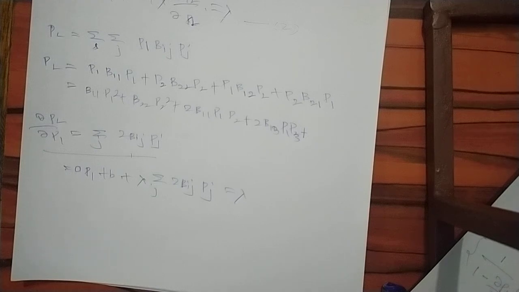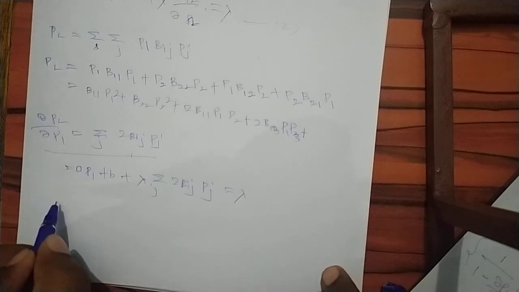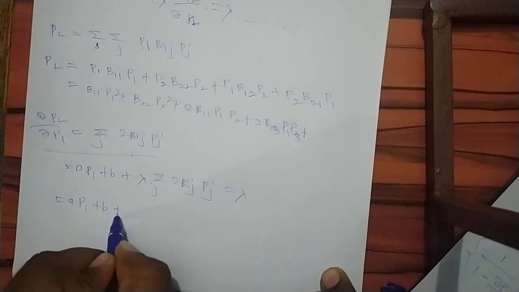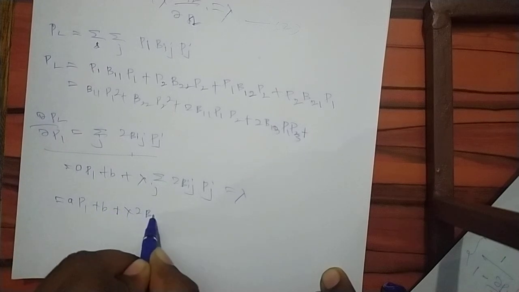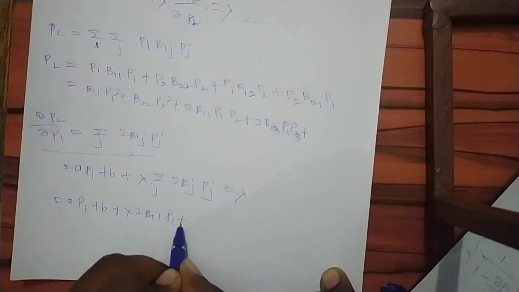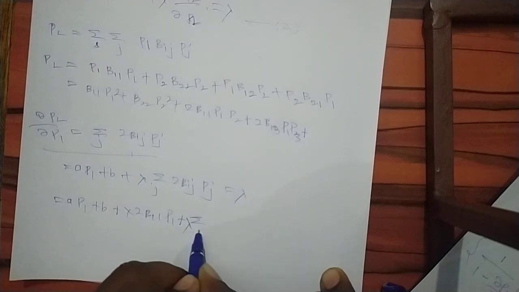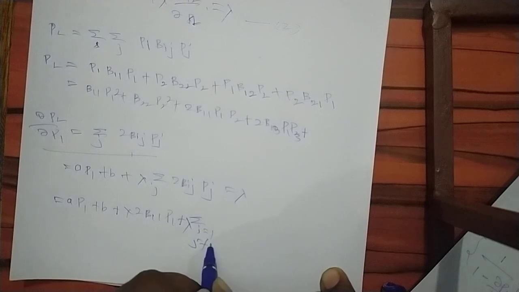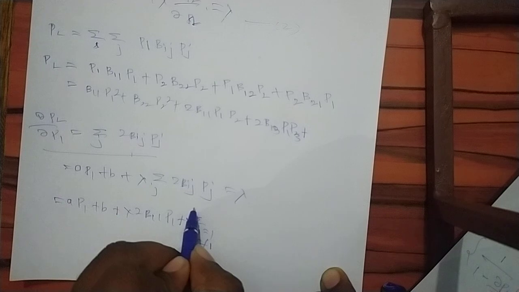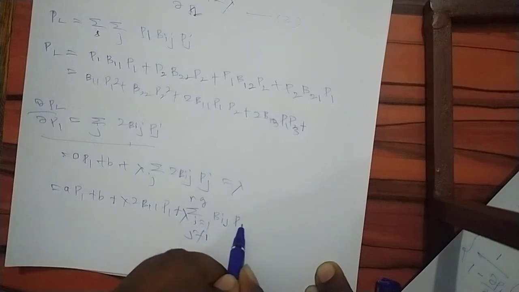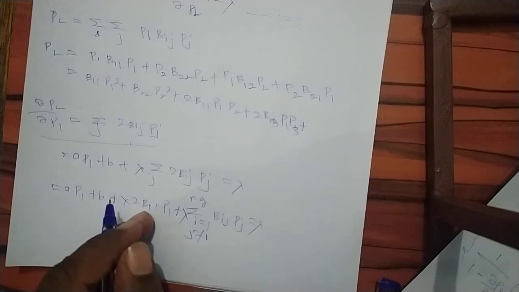Now I will expand this one, so it becomes a P1 plus b plus lambda 2 B11 P1 plus lambda times the summation, where i is equal to 1 and j is not equal to 1 up to Ng, of 2 B1j Pj, equal to lambda.